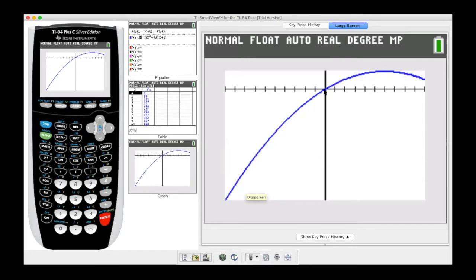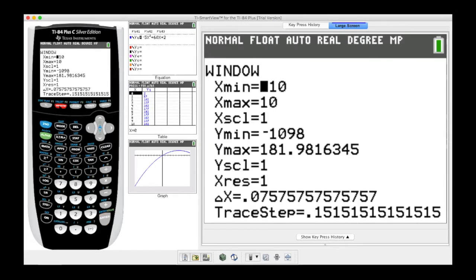So what we're going to do now is go into window. We're going to hit window and see if we can make it a little bit better. X is time in seconds, so I don't need anything in the negative, so I'm going to change that to 0. X max, this means that we're not looking at anything past 10 seconds.